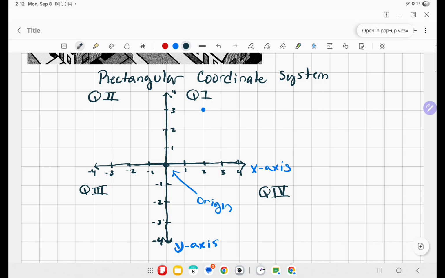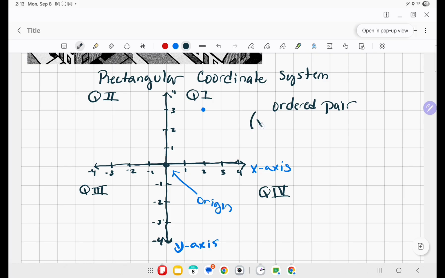Okay. Now let's go back to our point that we got beside the 3, but right above the 2. Every time you put a dot, that's like a house, and you need to find a location. The location of the house is what we call an ordered pair. All right, an ordered pair. An ordered pair has parts.